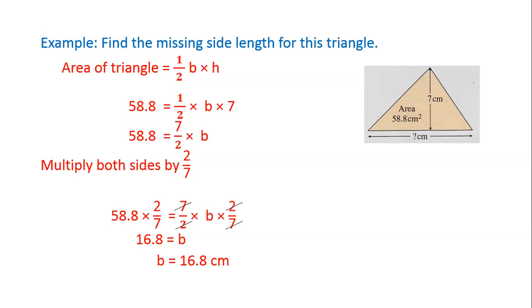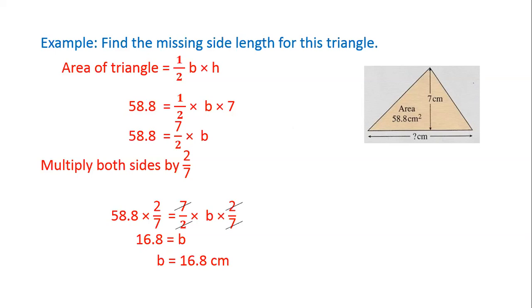If you want to multiply the other side, 58.8, then it will be 2 over 7.